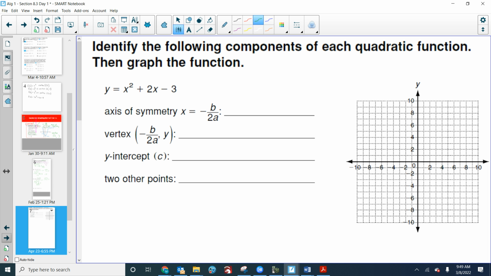All right, get the axis of symmetry. Go. There's your equation up there. y equals x squared plus 2x minus 3. I'll kind of work on it up here. We'll look at it. Guys, I'd get in the habit of doing this before you start.